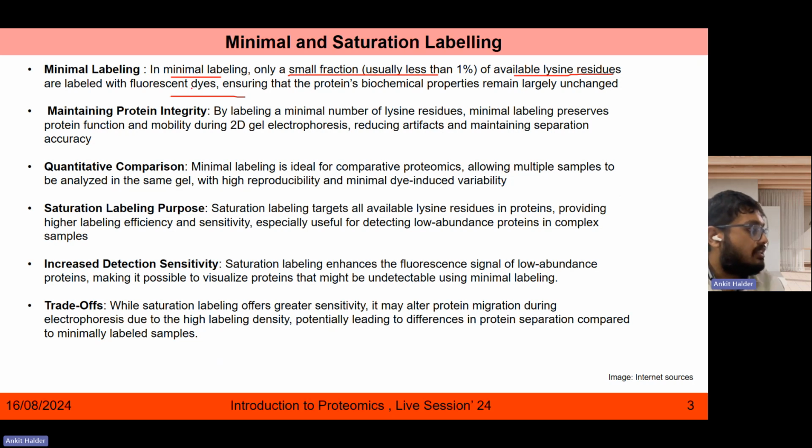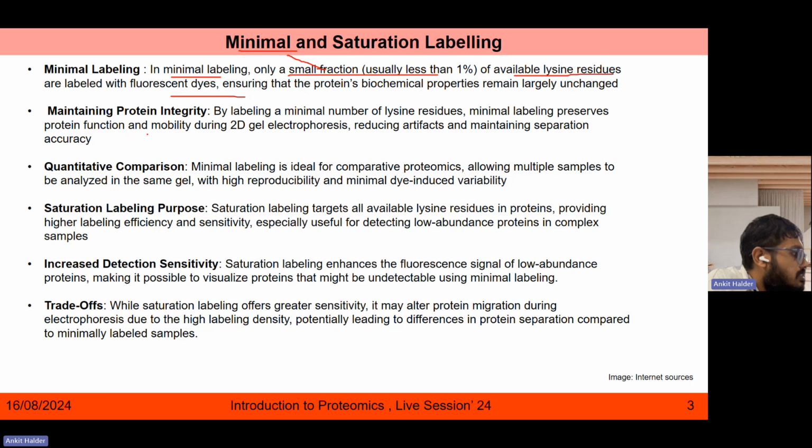So you can understand why the term minimal came. It came from its literal meaning, that only a small fraction of all available lysine residues are labeled with your particular fluorescent dyes, and it will ensure that the protein's biochemical properties remain largely unchanged.